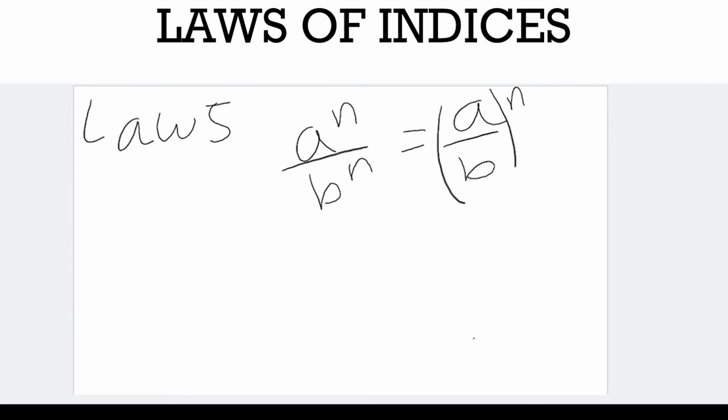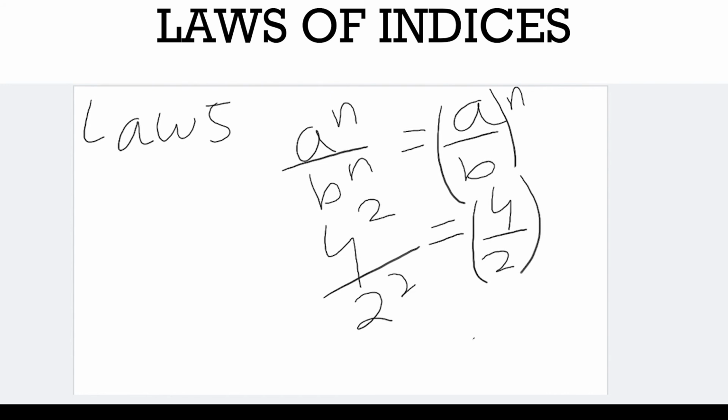If we write this in numbers, 4 to power 2 upon 2 to power 2 is equal to (4 upon 2) whole power 2. When we solve this, we can cancel out 2 and 4, it will be 1 and 2. So 2 to power 2 is 4.